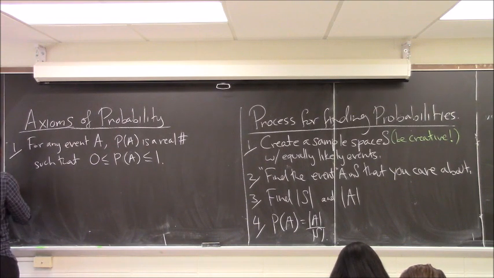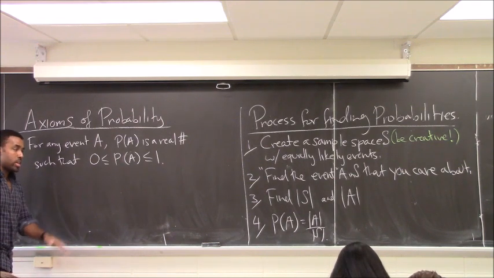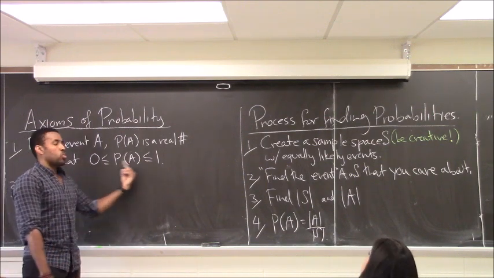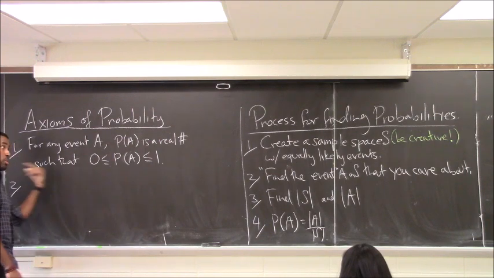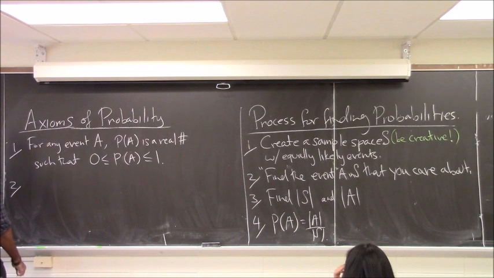So in this class, if anyone ever tells me, oh, the probability is 3, I'll know you have no idea what you're talking about. The probability will never be 3. It'll never be minus a half. It'll never be 17. The probability will always be a number between 0 and 1. So if you don't get a number between 0 and 1, it means you're thinking about something incorrectly, and you should know that. So that is what we're going to do.